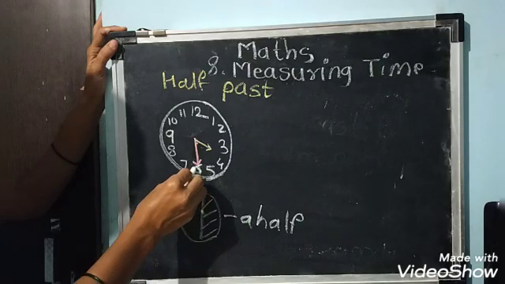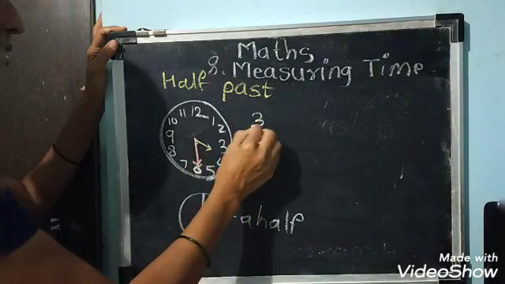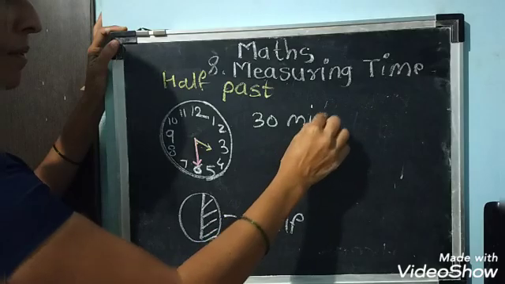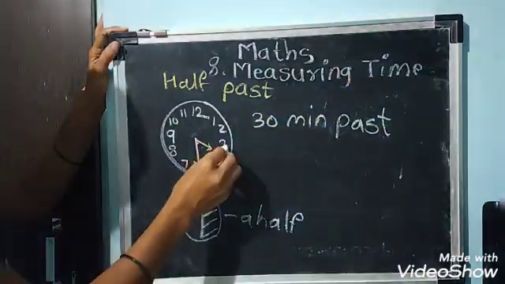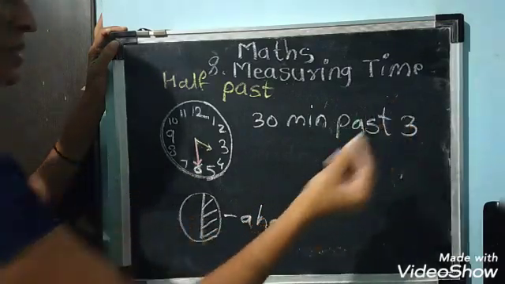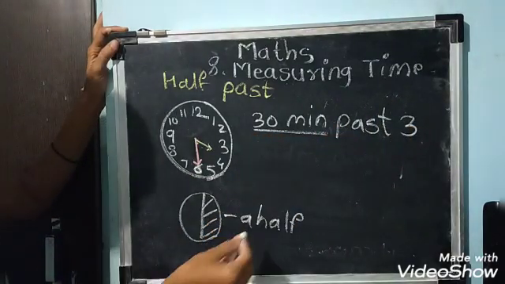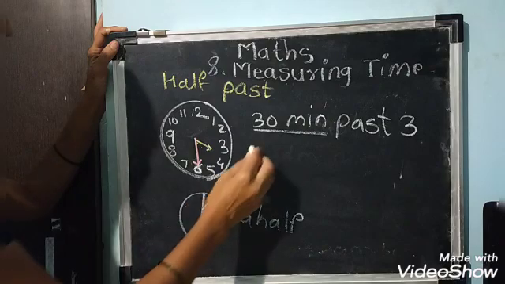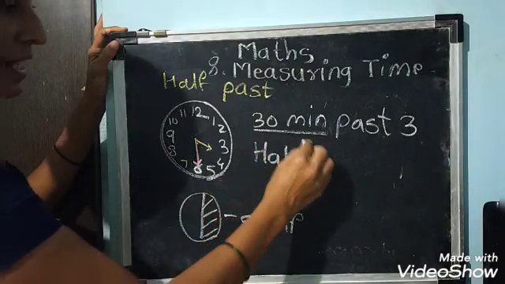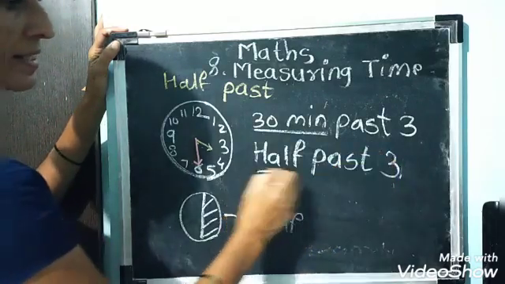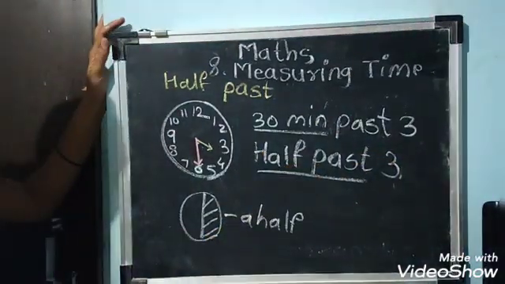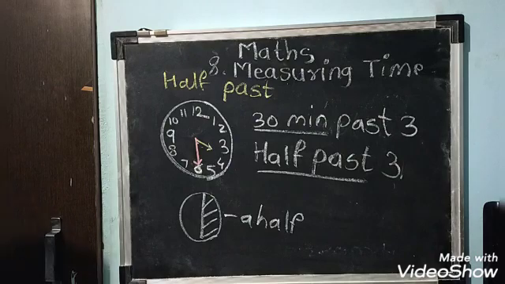The minute hand is on 6. 6 5s are 30 minutes past. Which number has our hour hand crossed? 3. So instead of 30 minutes, we can use half. Then how to write? Half past 3. Instead of this 30 minutes, I have written half past.